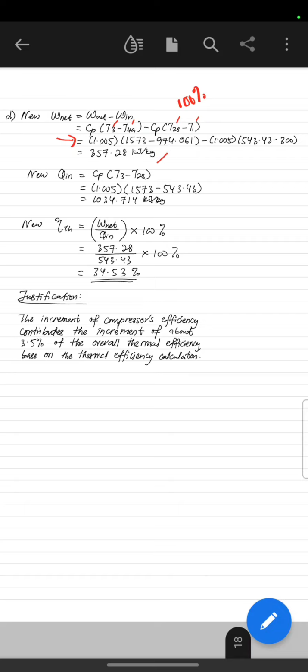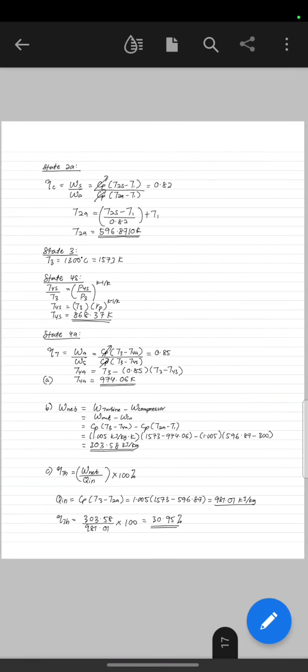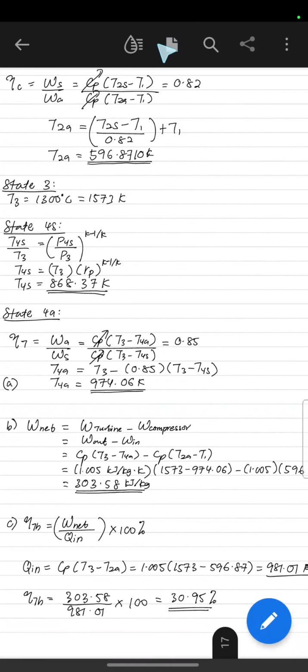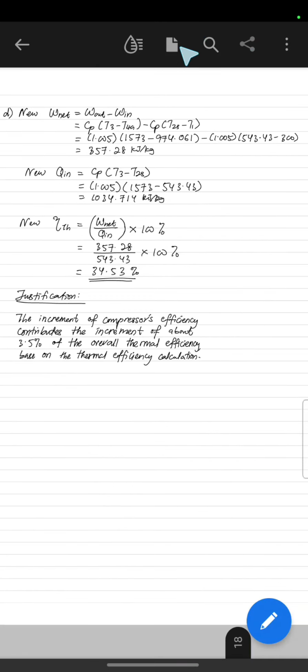So it is very different from the work net that you obtained in the first part over here. This one you got 303.58 kilojoule per kg because you are considering T2A. So now that you gain the new work net, you also need to find your new Q in because you are considering T2S now.